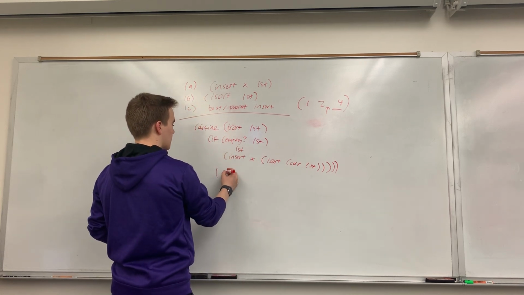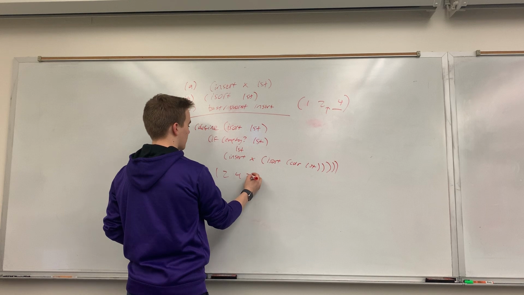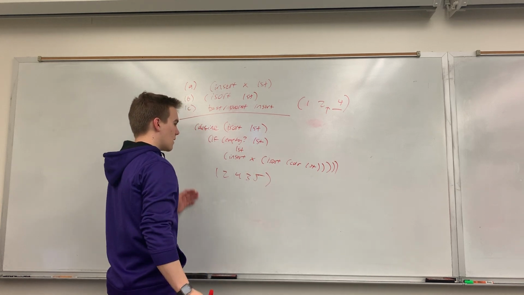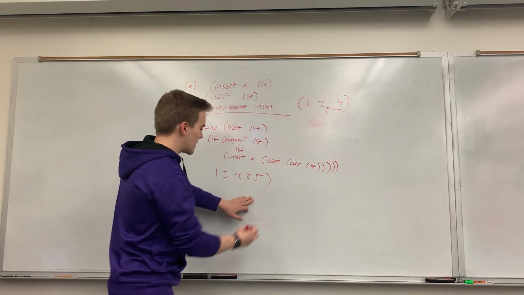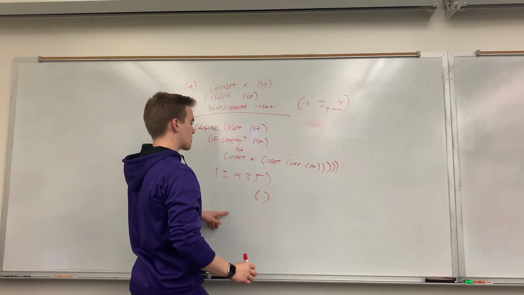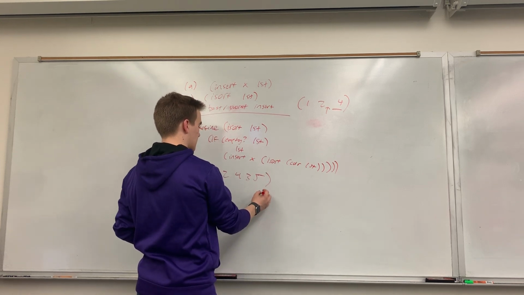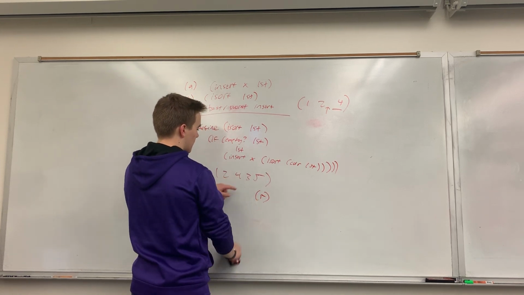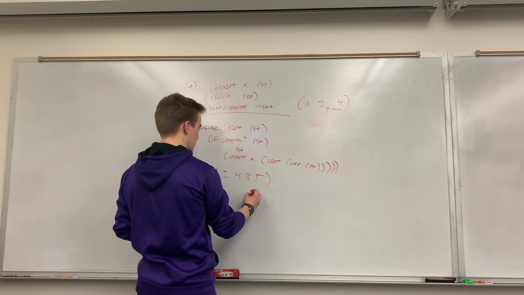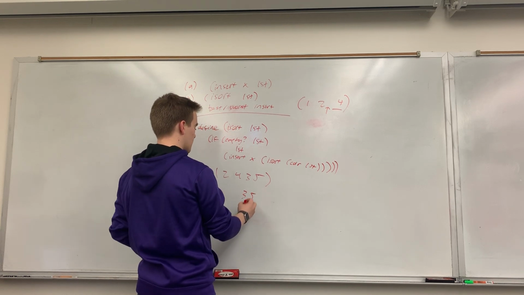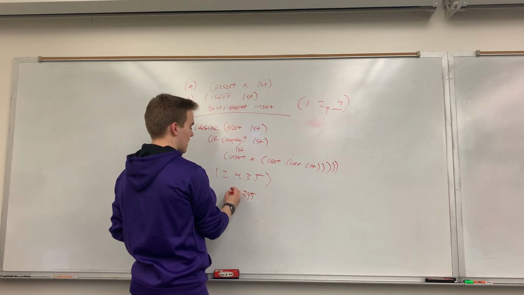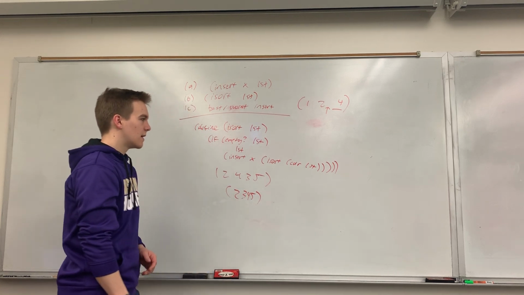It'll take like 2, 4, 3, 5, and it'll say, okay, cdr down to my base case of empty list, then insert 5 into this. I go 5, insert 3 into that, so we'll get 3, 5, insert 4 into that, so we'll get 3, 4, 5, insert 2 into that, we'll get 2, 3, 4, 5. I think that should work.